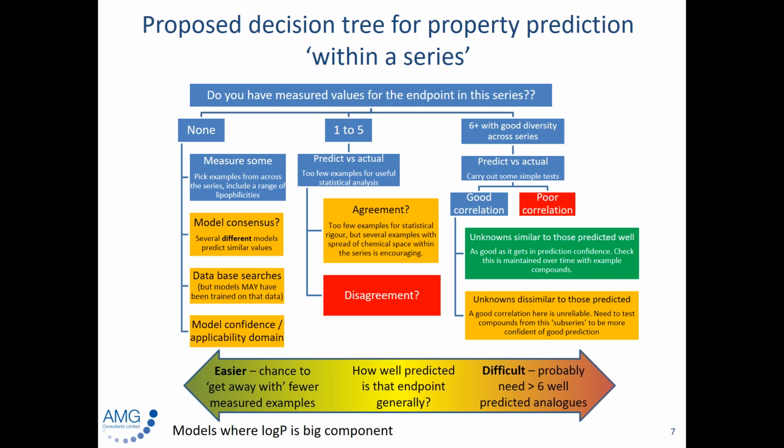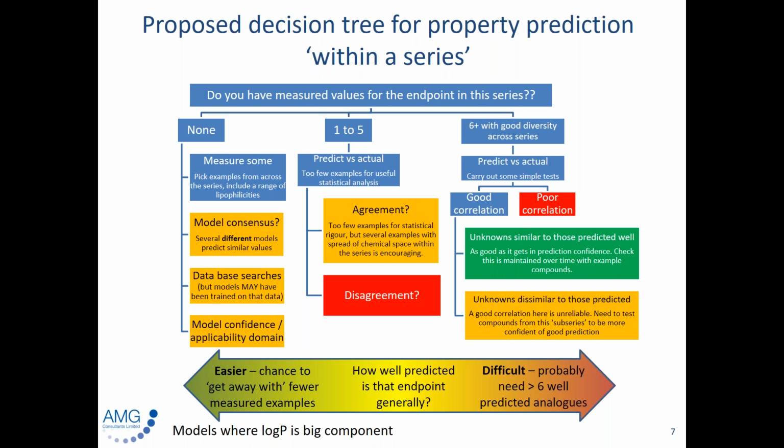Because if they're all built off the same data set in the same way, actually having multiple models probably won't help very much because they'll be in alignment anyway. So really, you want models that have been built perhaps on different compounds or with fundamentally different ways of constructing models. So you'd need to do some digging there.